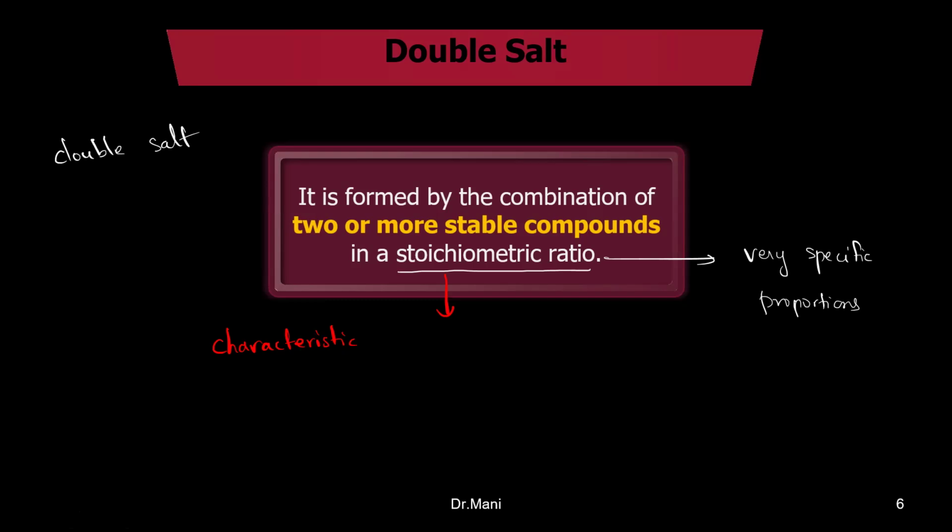There is a characteristic property, or behavior: they can completely dissociate into simple ions.